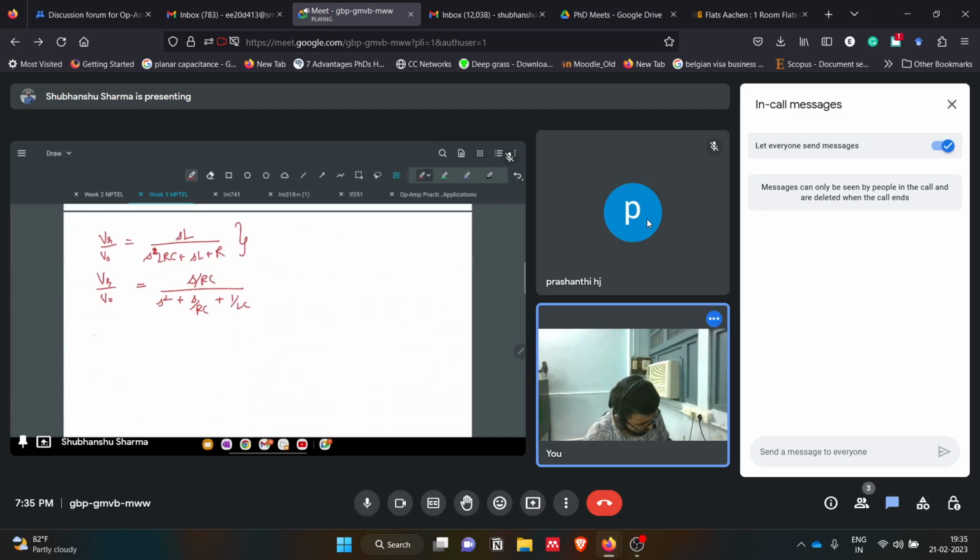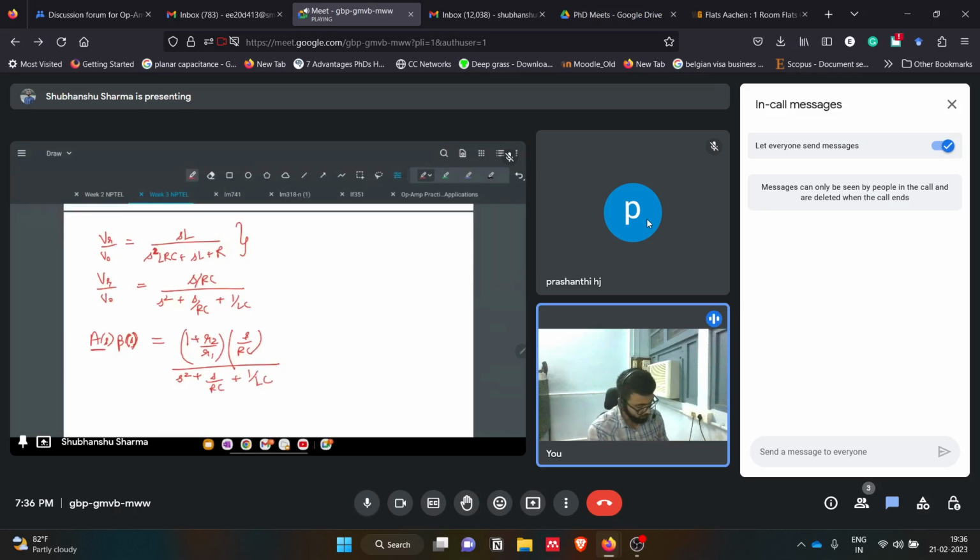Now we can simply calculate A of S and beta of S. We know A of S is 1 plus R2 by R1. We know beta is S by RC divided by S squared plus S by RC plus 1 by LC.